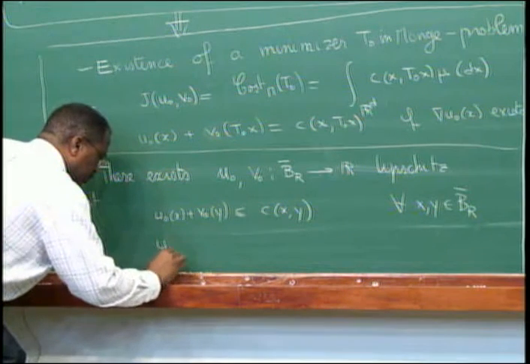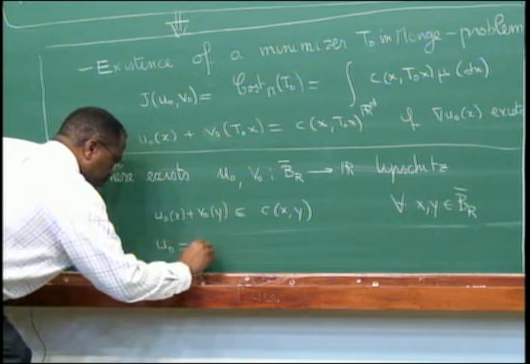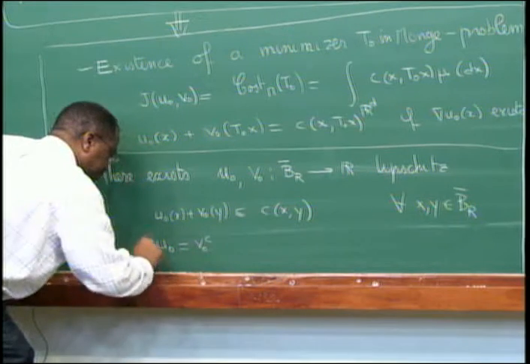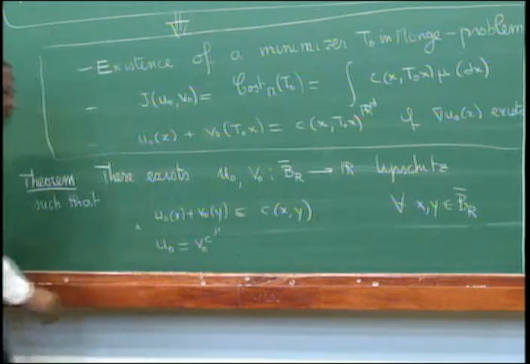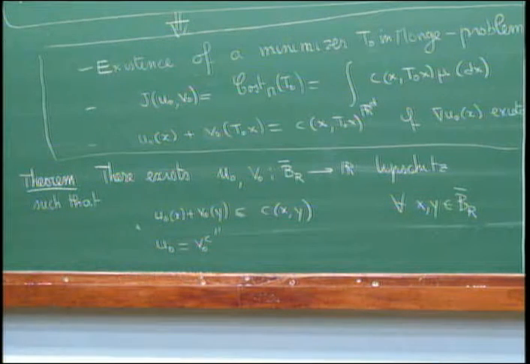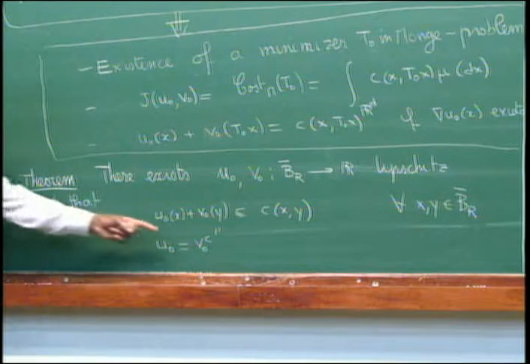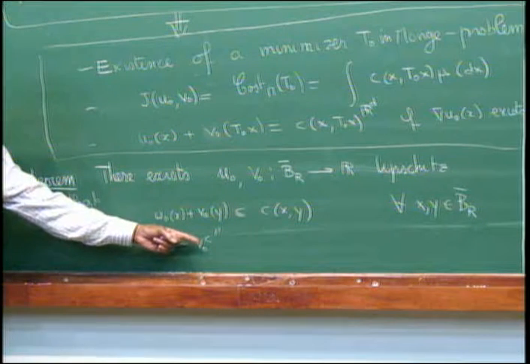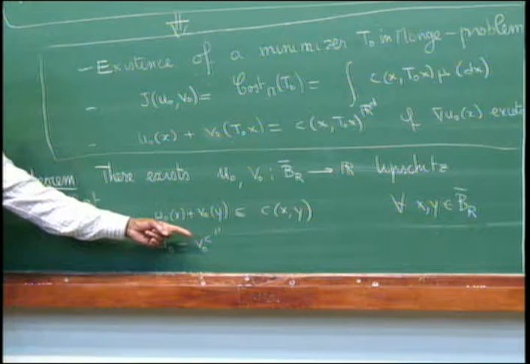U naught equals V naught C. So what I am doing here: I said to define the C transform of a function, the function has to be defined on R^d.